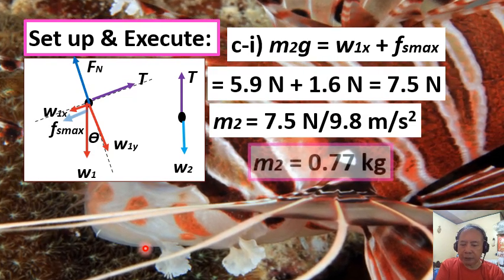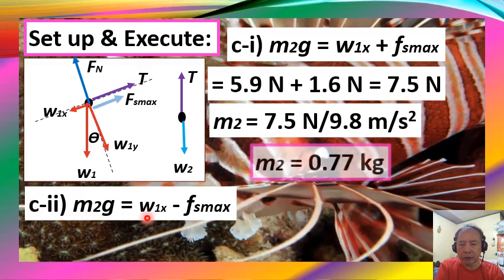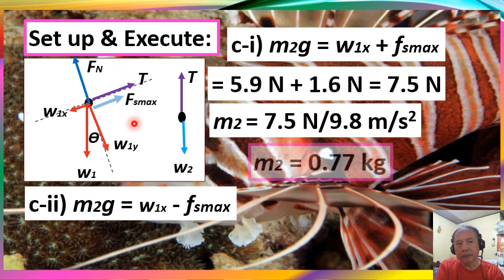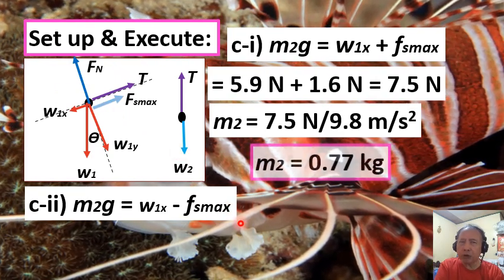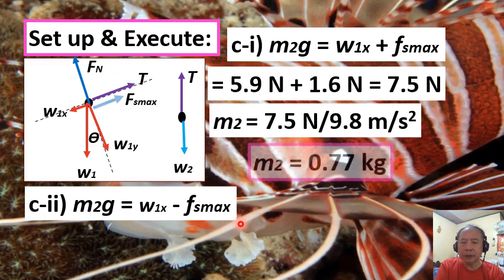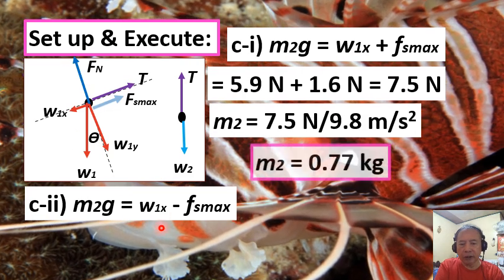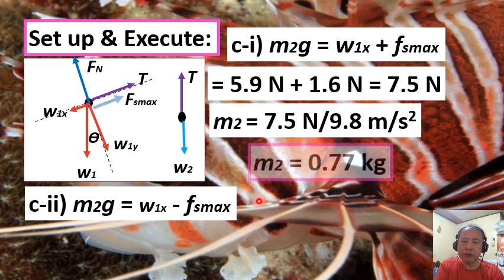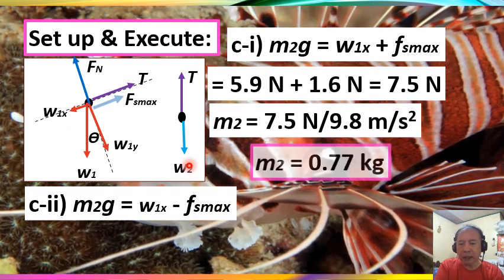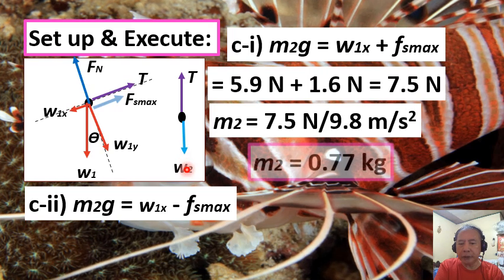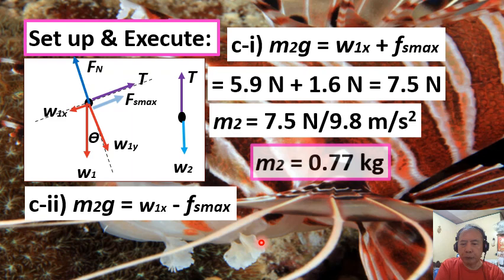And in the next scenario, C-2, this is the case when the mass M1 is also about to move, but this time down the incline, or that mass M1 is on the verge of moving down the incline from rest. And that would mean that M2 is also on the verge of moving from rest, vertically upward.